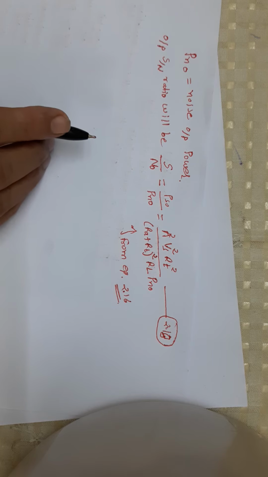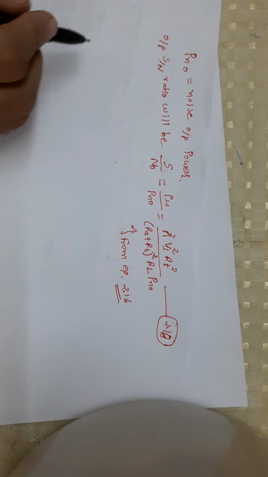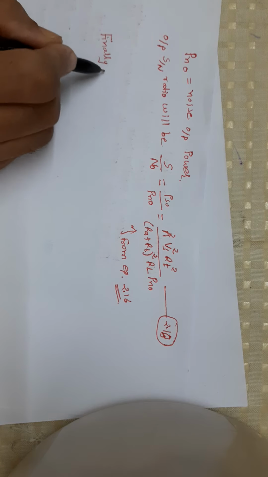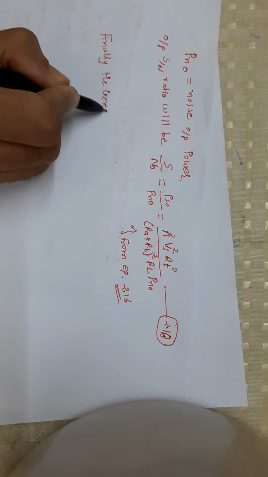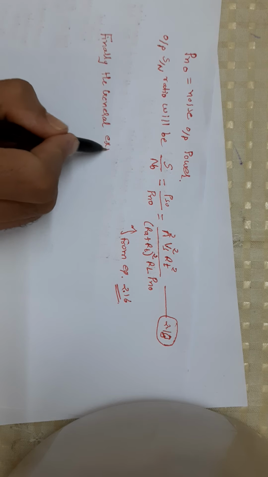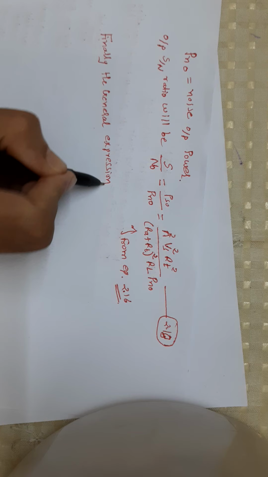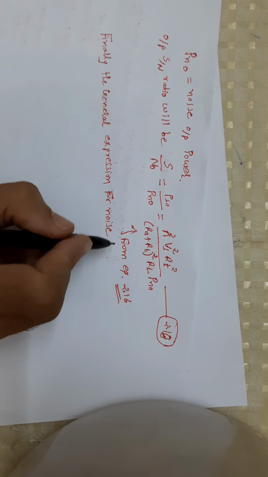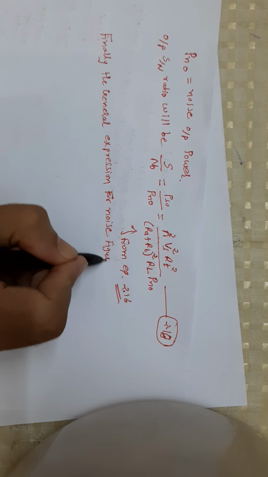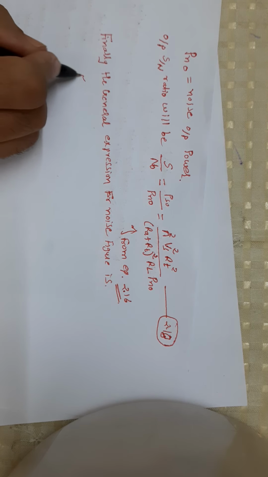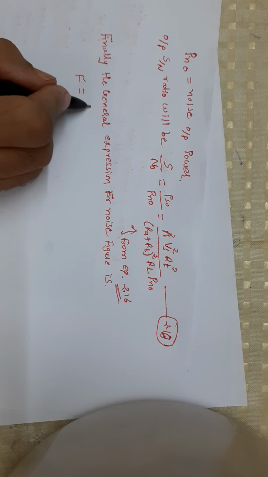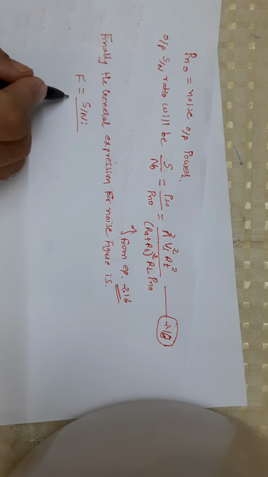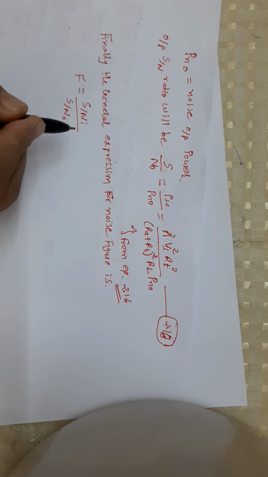Finally, the general expression for the noise figure is F is equal to S upon N input divided by S upon N output.